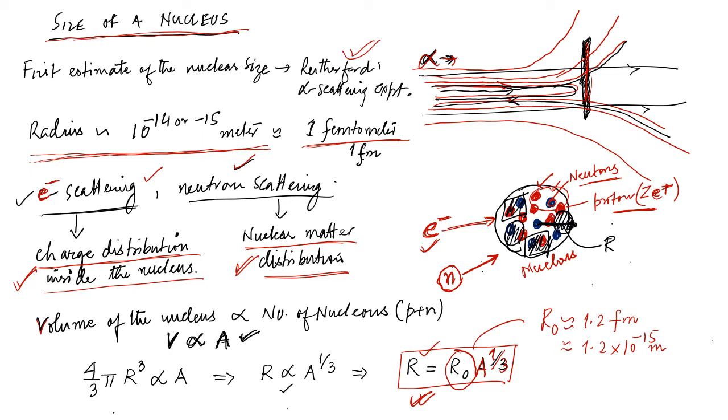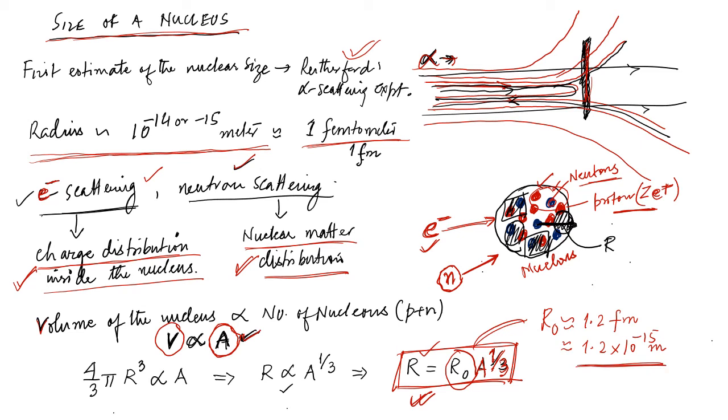The conclusion of these two experiments was that the volume of the nucleus is directly proportional to the number of nucleons inside the nucleus, which suggests that the density of the nucleons in the interior of the nucleus is very nearly the same everywhere. From here we get R equals R naught A to the power 1/3, and R naught is estimated to be 1.2 times 10 to the power minus 15 meter.